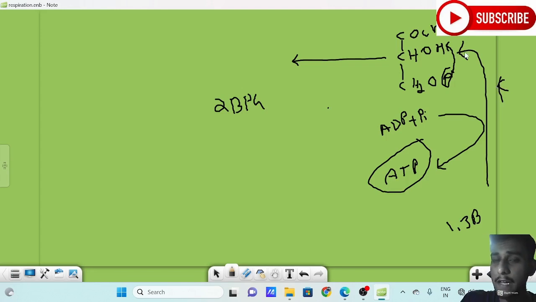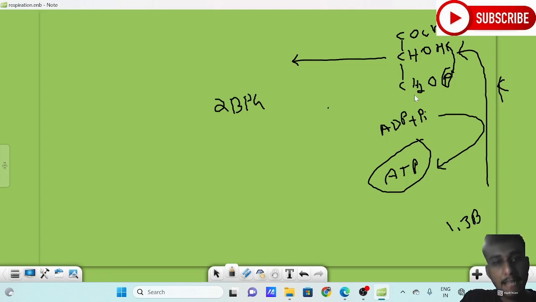If you are having confusion in the name, just consider the reaction from 3-BPG to 1,3-BPG. There a phosphate is added. So the kinase enzyme name is given in the reverse order. Only that is the thing.